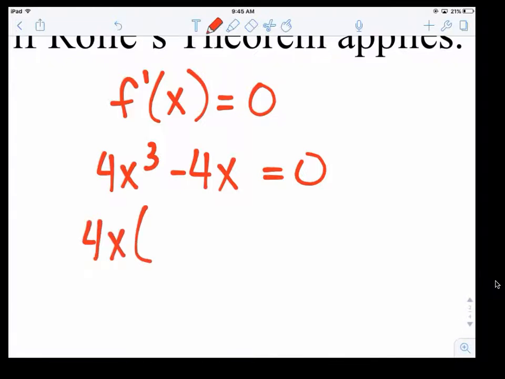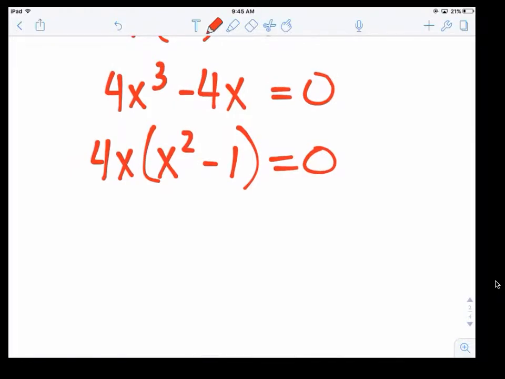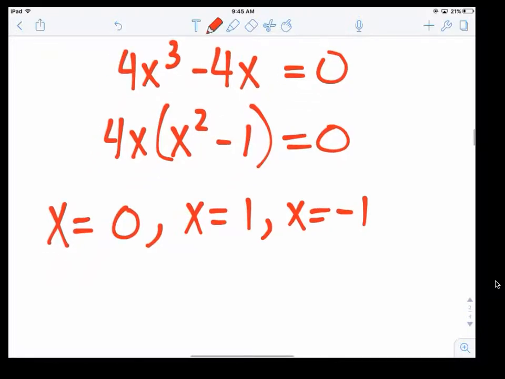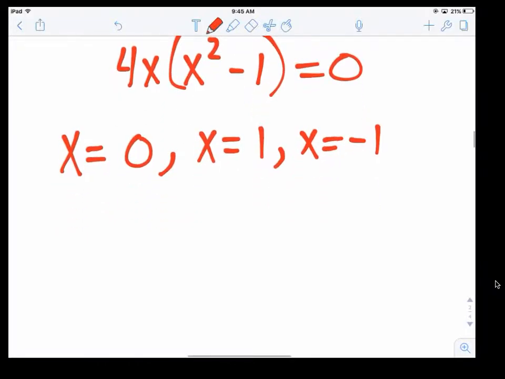Okay, and I'm left with x squared minus 1. Okay, good. So that means that x could possibly be what? 0. Okay, good. Now, are all three of those on my interval? Yes. So I should have a horizontal slope at 0, 1, and negative 1.